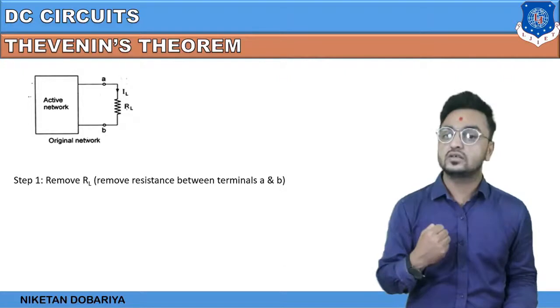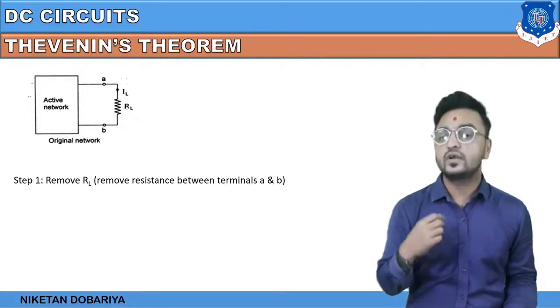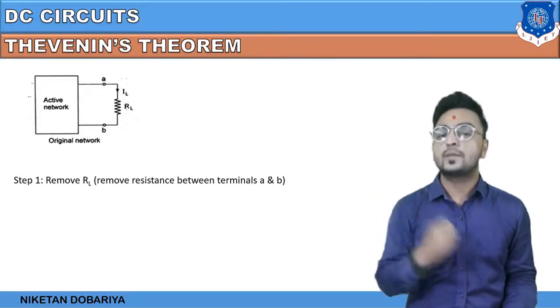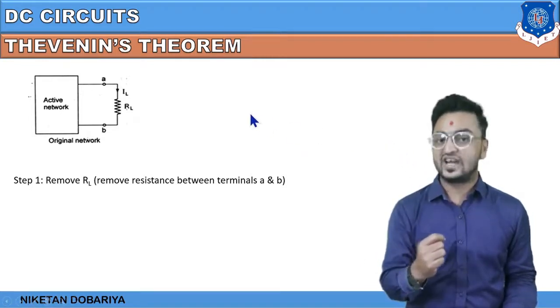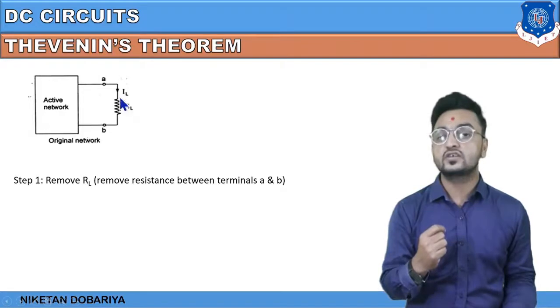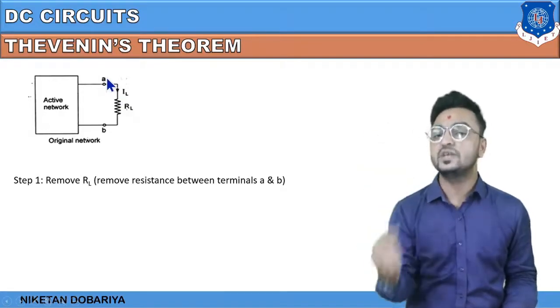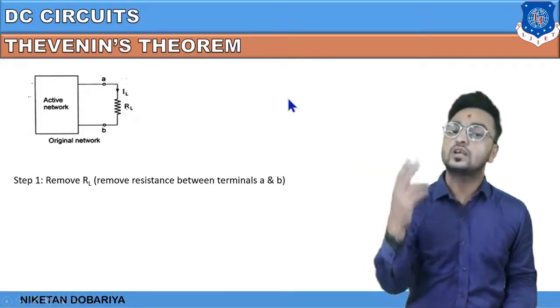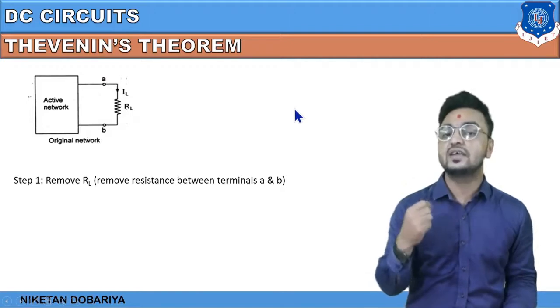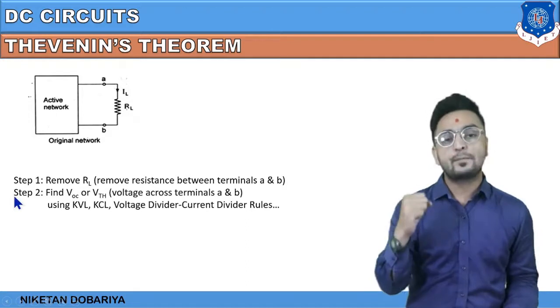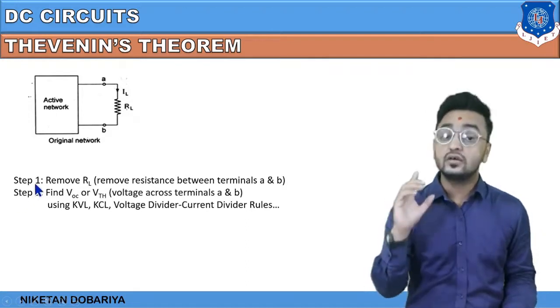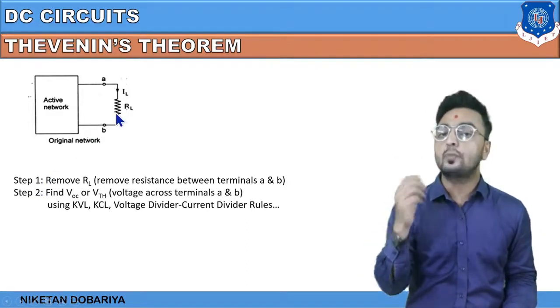Let's start with step number 1. In step number 1, we will remove the load resistance. In this diagram we have a load resistance across A and B. First of all, we will remove that load resistance and consider A and B as open circuit terminals.